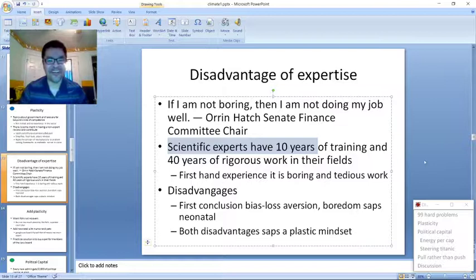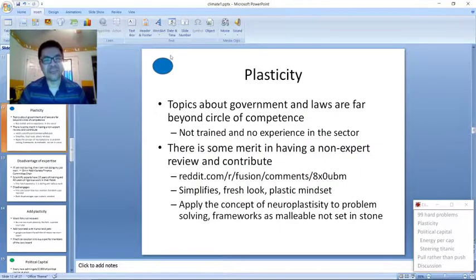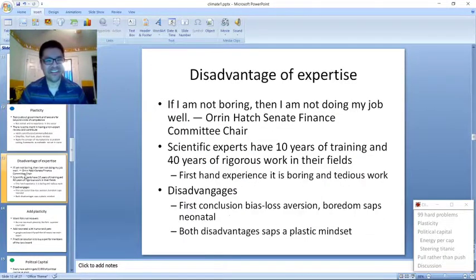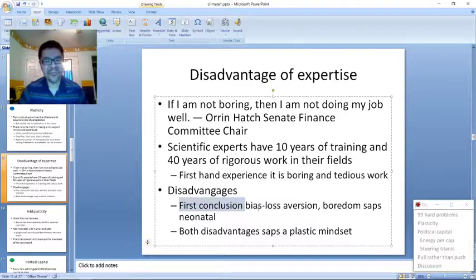And this directly affects the plastic mindset. Once you reach your first conclusion, bias and loss aversion, you become set in that mindset.